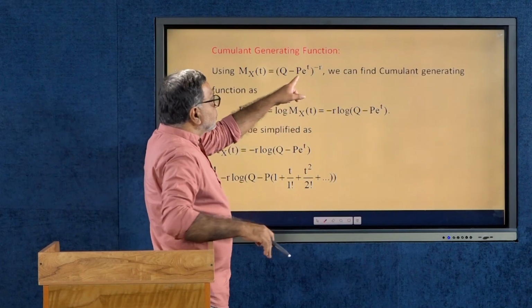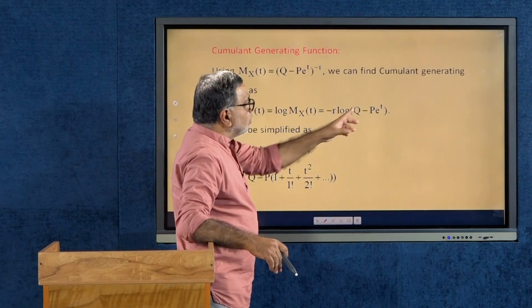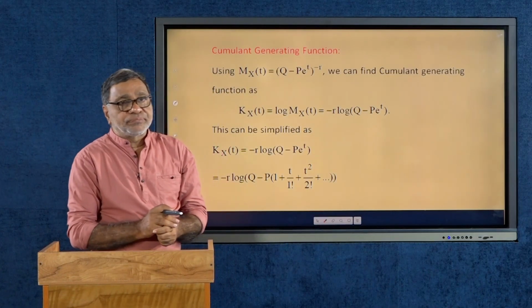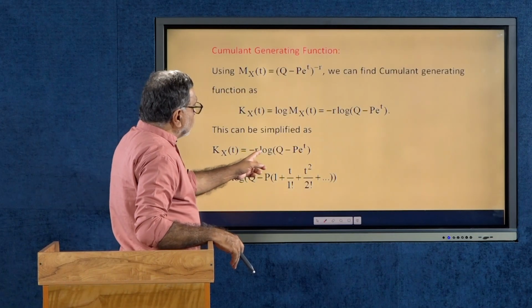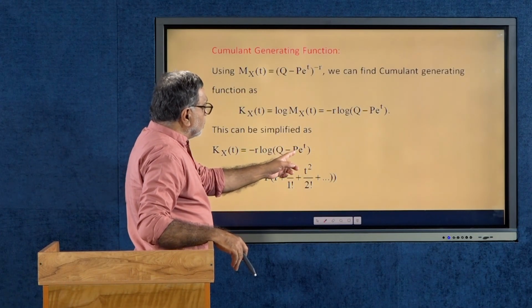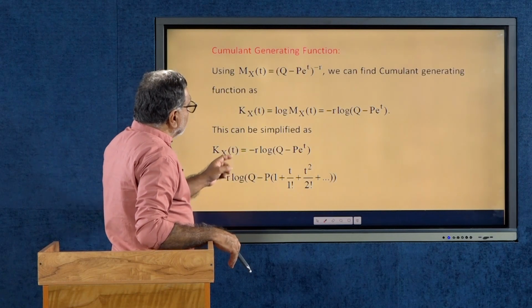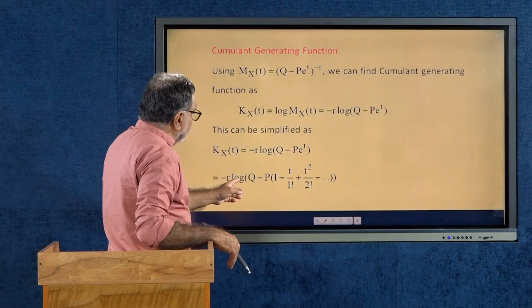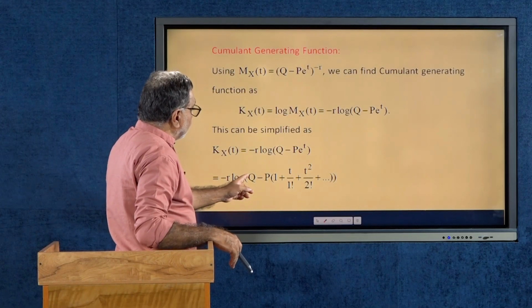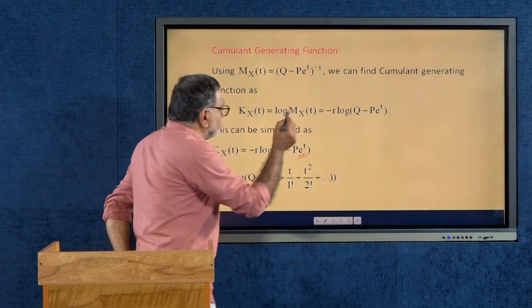So apply the logarithm to this expression. This is minus r logarithm of (Q minus P e power t), that is kappa x of t, the cumulant generative function, equal to minus r logarithm of (Q minus P e power t).